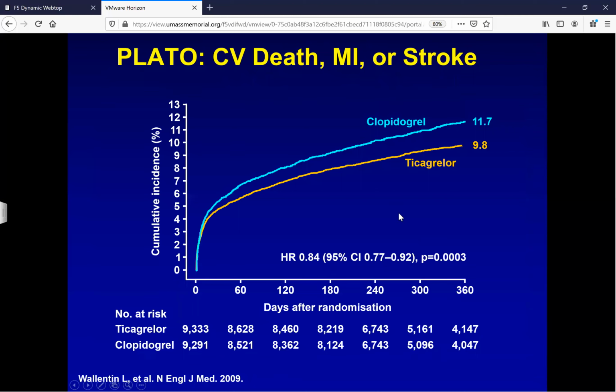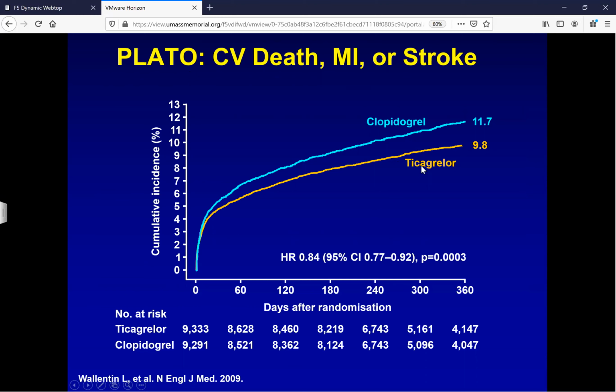So what we found, and this is interesting, you can see this, right? PLATO trial. The only trial to remember for Ticagrelor is PLATO trial. So PCI-CURE and CREDO for the Plavix, TRITON 38 or TIMI 38 for the Prasugrel, and PLATO for Ticagrelor.